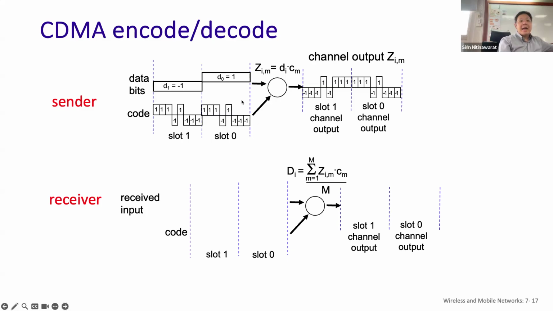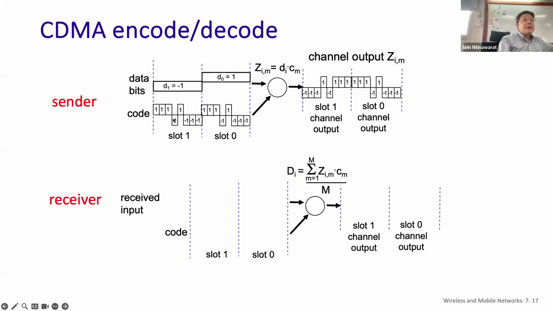This entire sequence of 8 chips is called the chipping sequence, right? You can see this chipping sequence is fixed for a particular user. When you have bit 1, if you multiply it with this chipping sequence, you get the same sequence. But when you have -1, you're just flipping the sign, right?